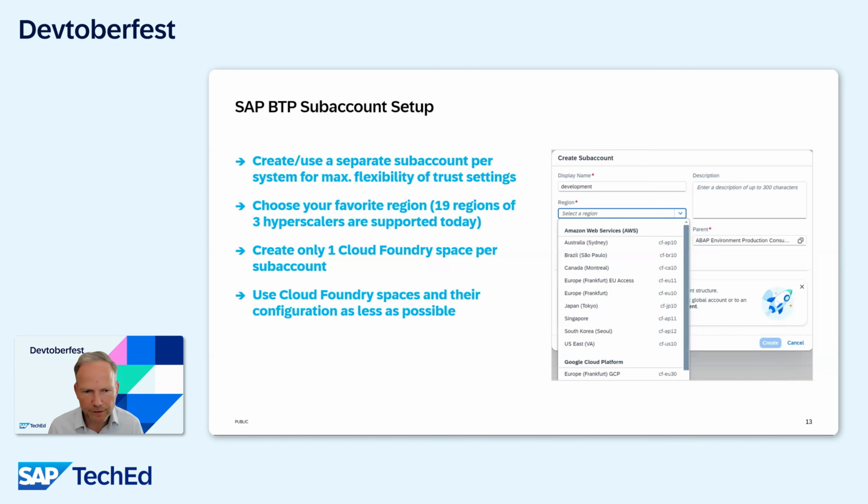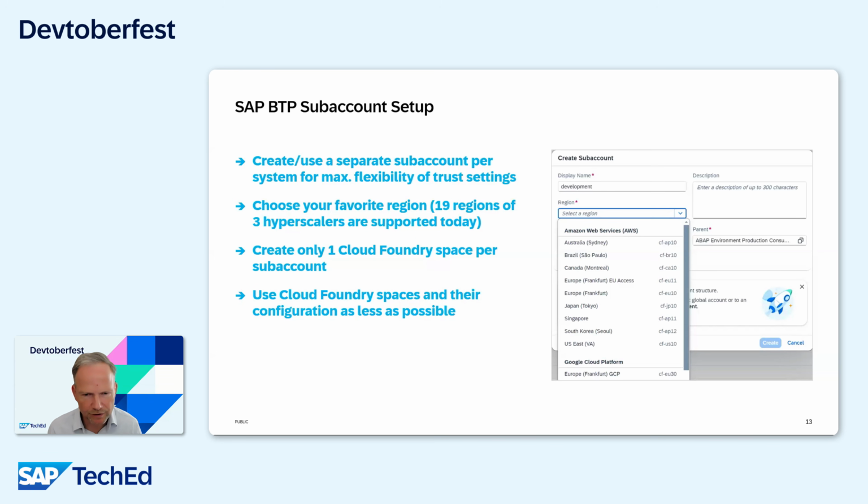The third recommendation is please create only one Cloud Foundry space per sub-account. So technically you need to assign a Steampunk system to a Cloud Foundry space, but we don't want to add additional meaning to this Cloud Foundry entity.